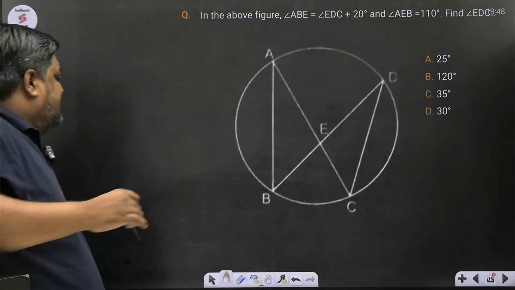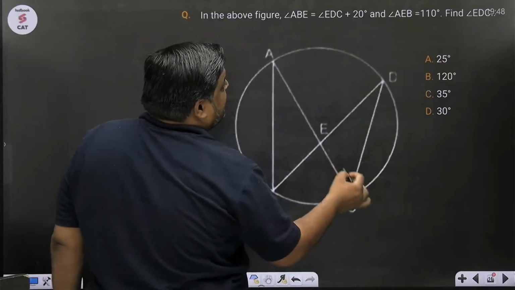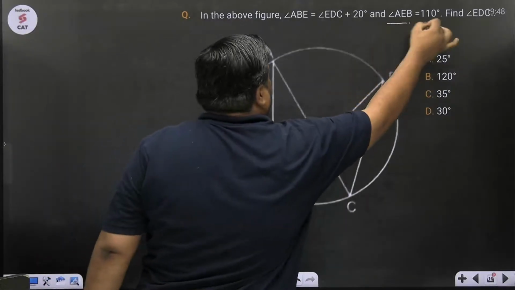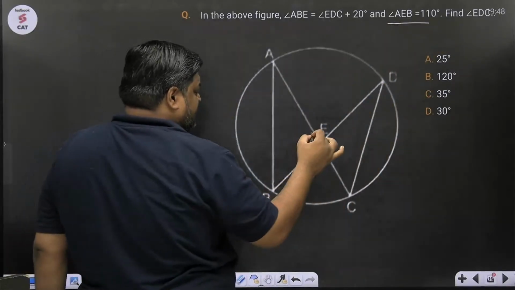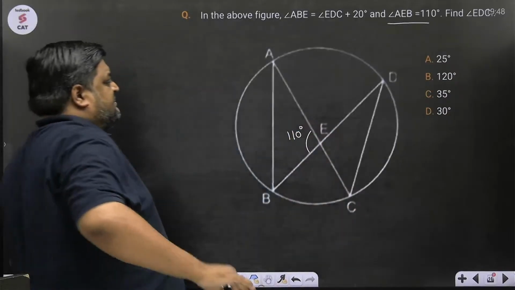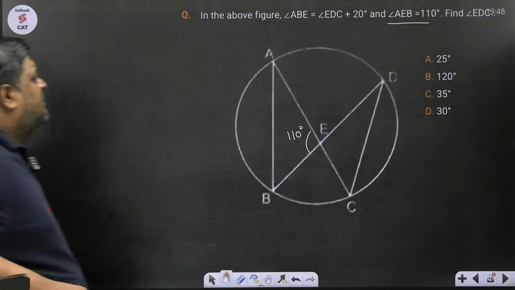Angle EDC is given. Angle EDC, अच्छा, this has to be found out. AEB is given to be 110 degrees. Very simple.